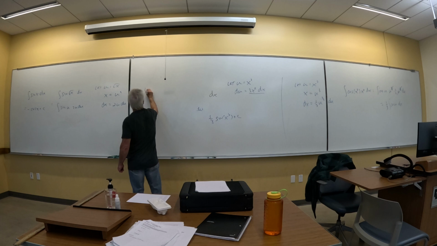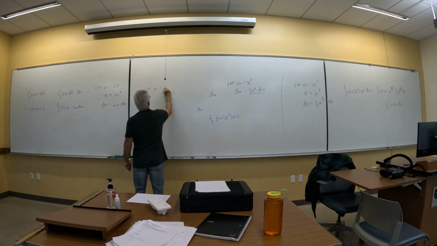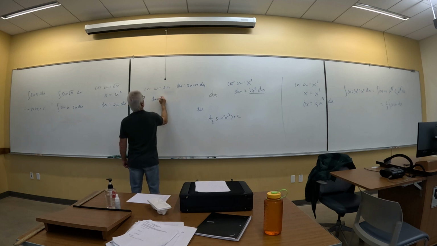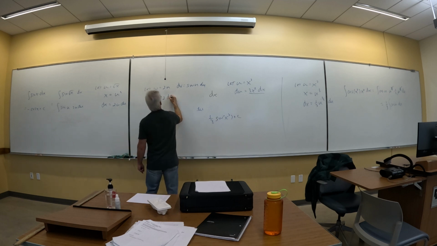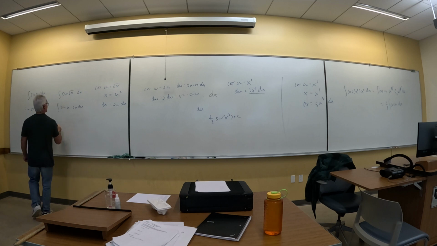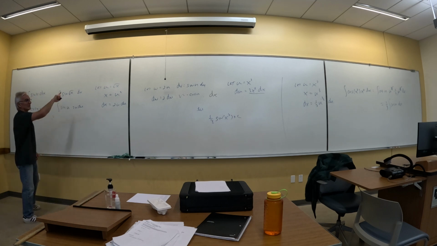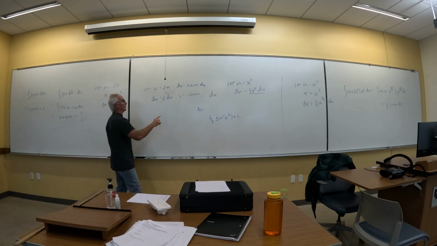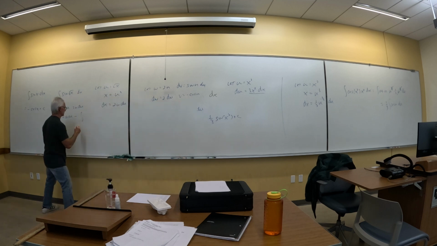So how about we let w equal 2u, and then dv is sine u du. dw is 2 du, and v is negative cosine u. So let's see if this works. So I'd have negative 2u cos u minus the integral of negative cos u.